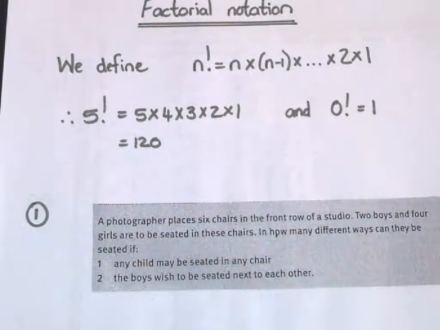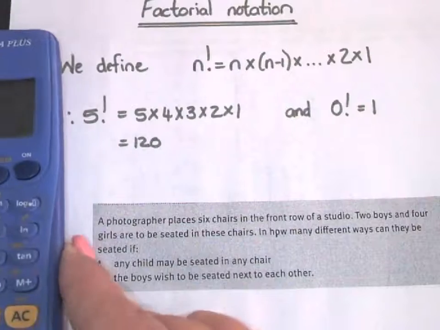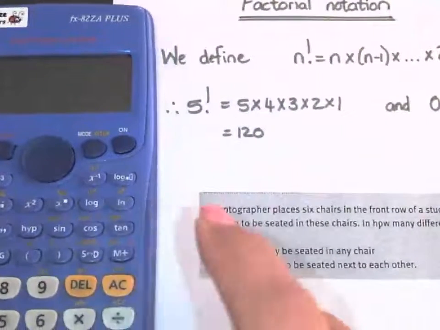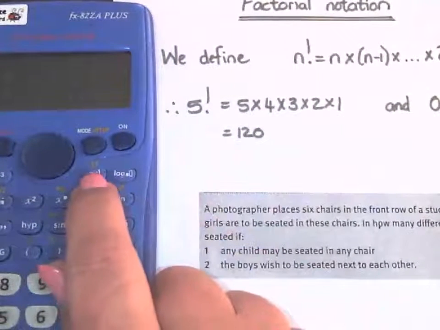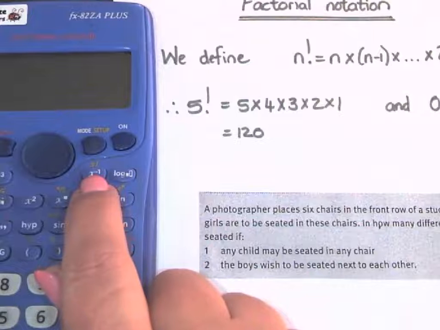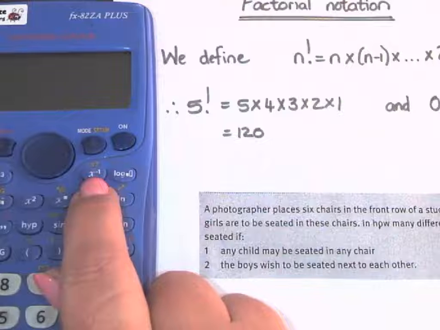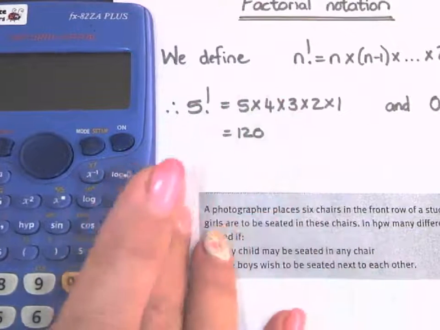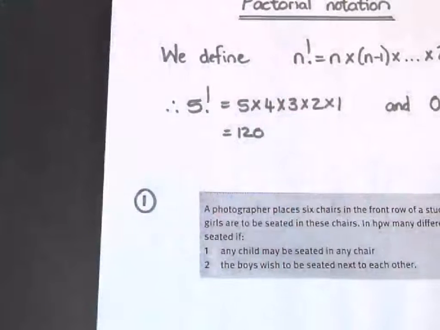Factorial is on your calculator. You use second function and it's there. So type in 5 factorial and see if you get 120. Good.